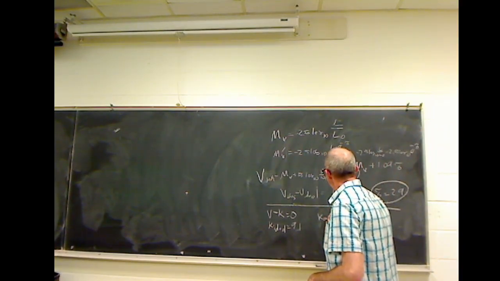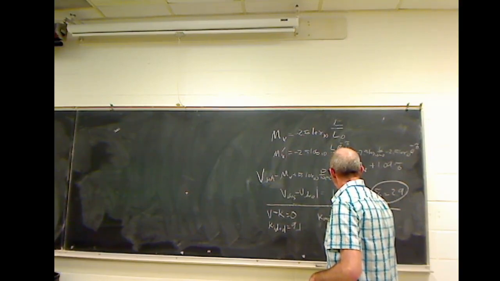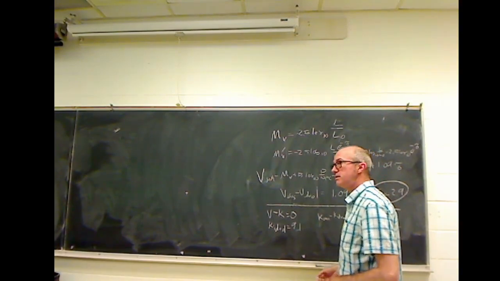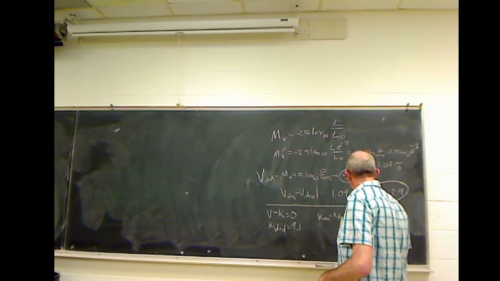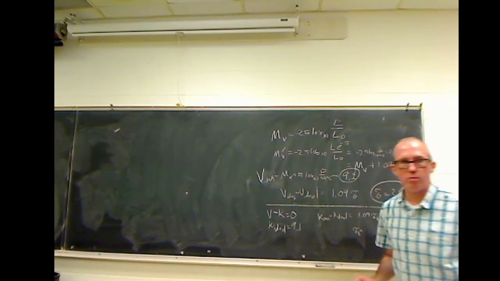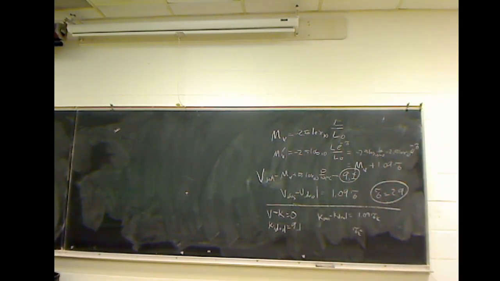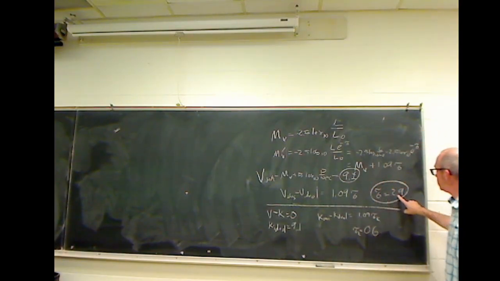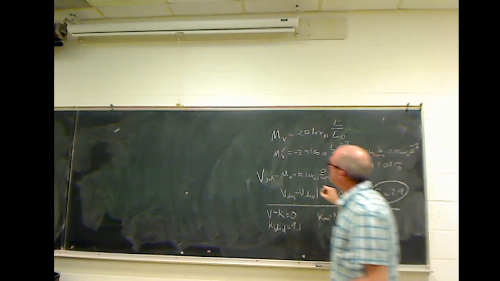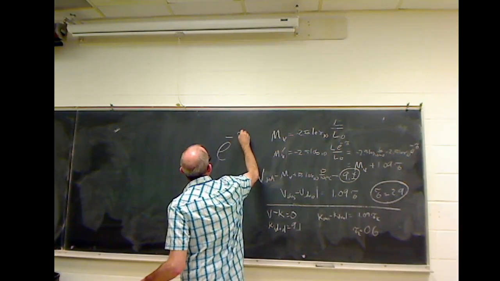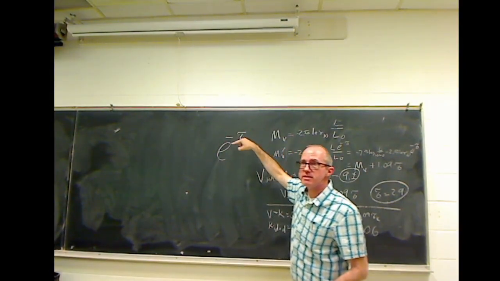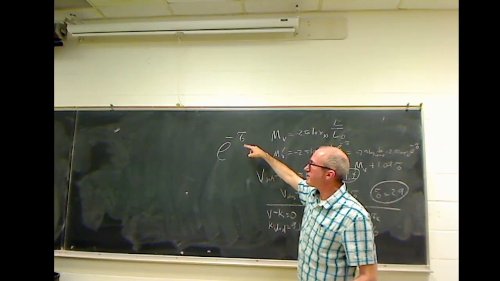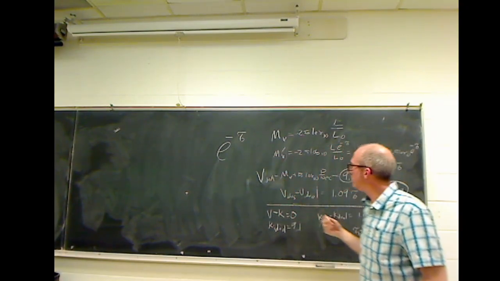K observed minus K ideal is going to be 1.09 times tau in the K. We do a little math, and we get tau in the K equals 0.6. So this one is 2. Remember what tau does: it's e to the minus tau. So if tau is 2, then this quantity is like a quarter, like 1 over 2 squared, right? But if it's 0.6, then it's like 1 over the square root of 2. So it's a lot smaller.